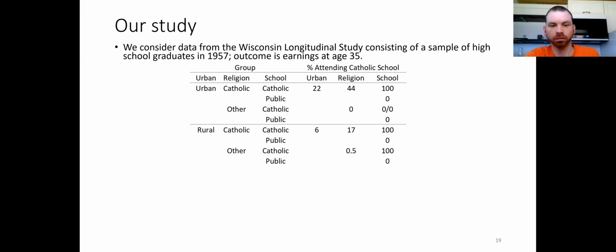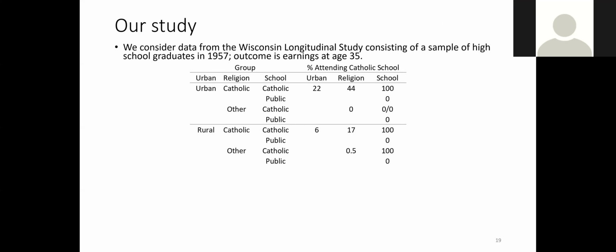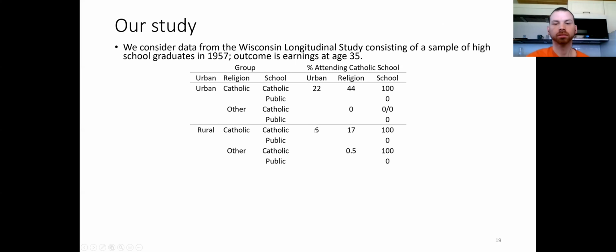In the first comparison, we'll compare urban and rural, which is the comparison between the geographic accessibility. In the second comparison, we'll have comparison between raised Catholic against not being raised Catholic, stratified by urban and rural, and the third comparison is going to stratify both on region, also on religion, and compare Catholic school versus public school. You can see that in urban areas, the proportion of people going to Catholic school is much higher than in rural areas.